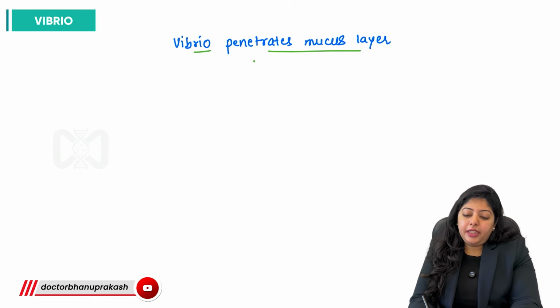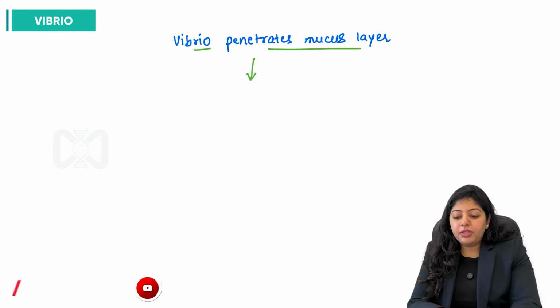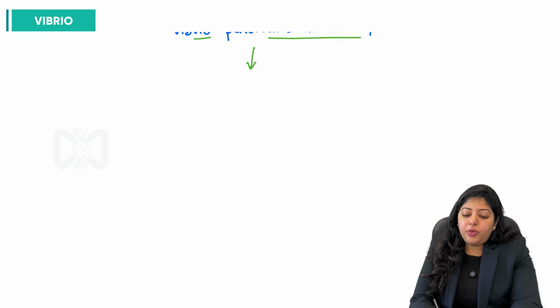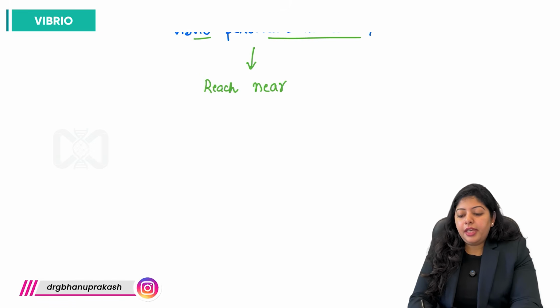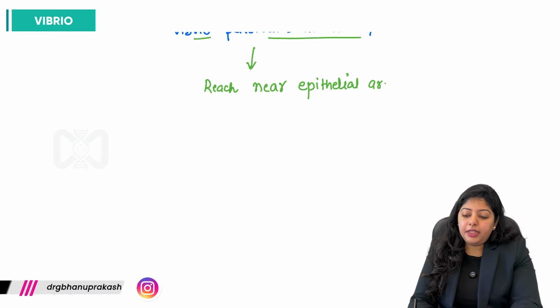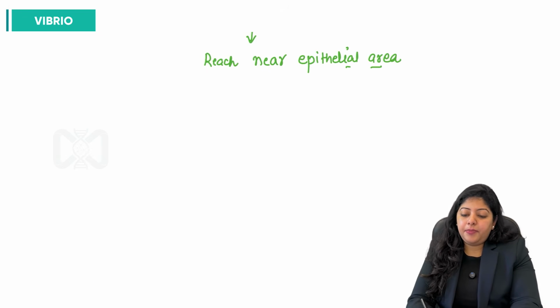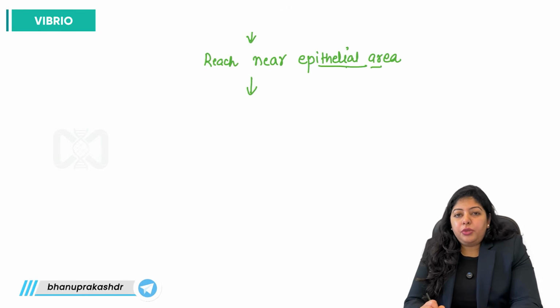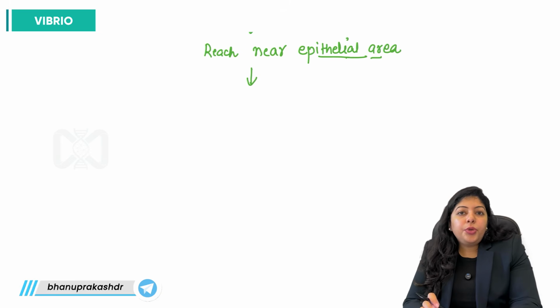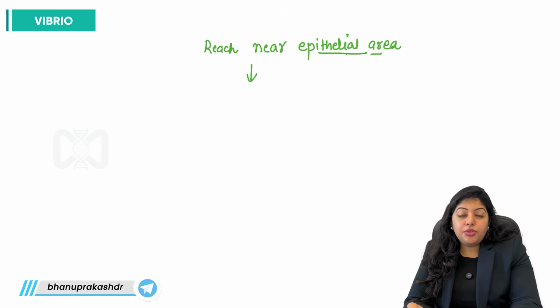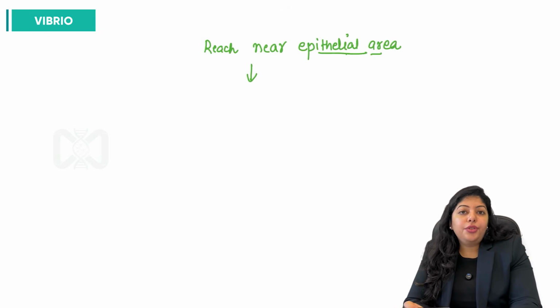And after penetrating the mucus layer, it is going to reach near the epithelial area, the small intestinal epithelium area, right? And in doing so, it is going to release certain proteolytic enzymes, certain mucinases, so that it cuts down that mucin in order to get attached.